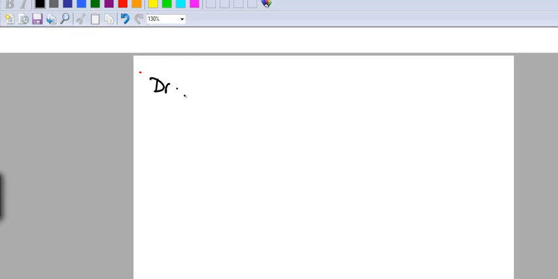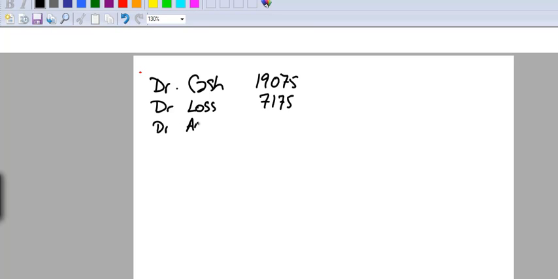I'm going to debit this cash account. This cash account, I received 19,075. I'm debiting a loss. This loss is 7,175. What else do I debit? I sold this equipment, so my accumulated depreciation is going to be 39,375, and I'm going to credit equipment.